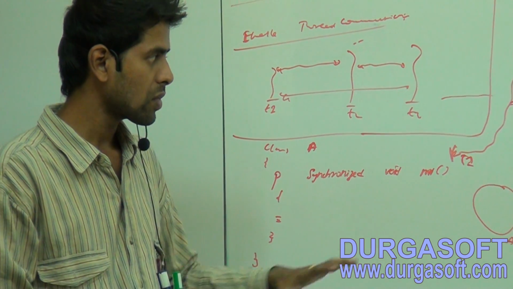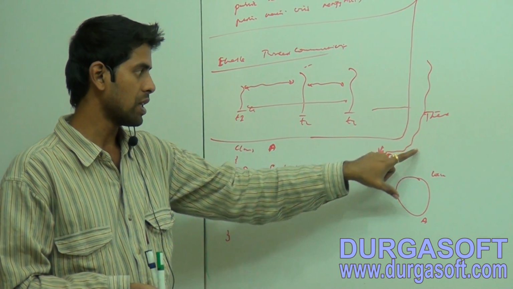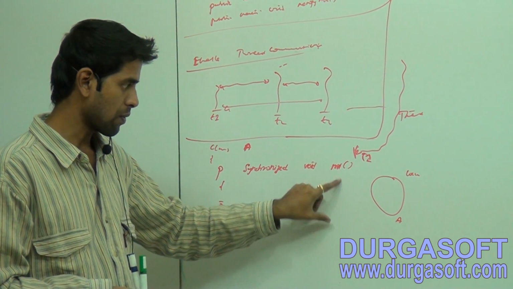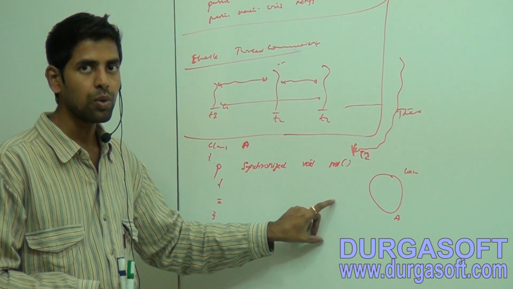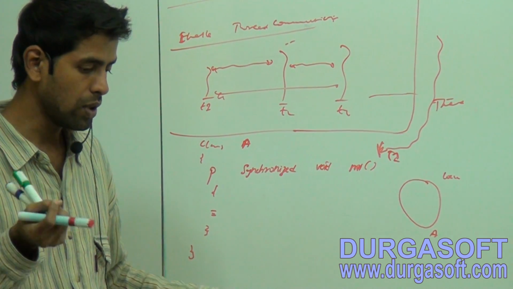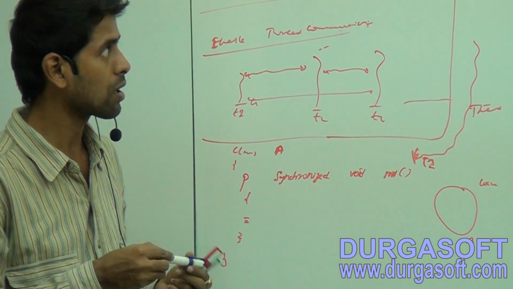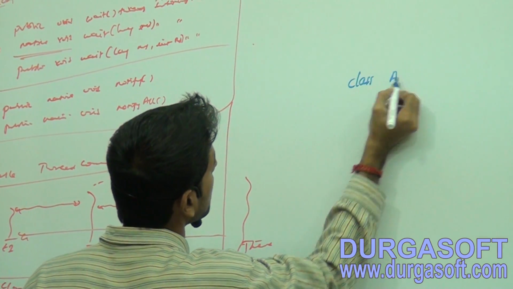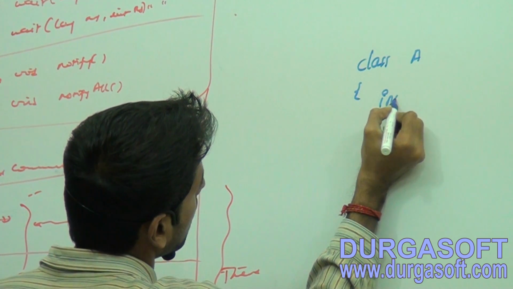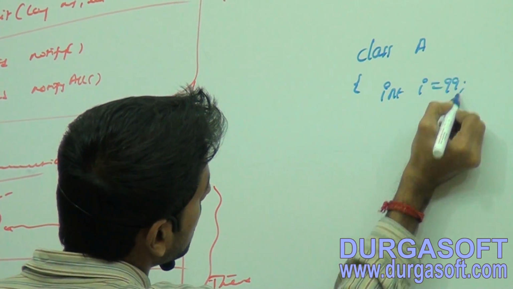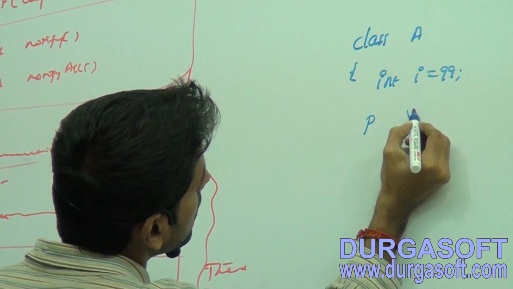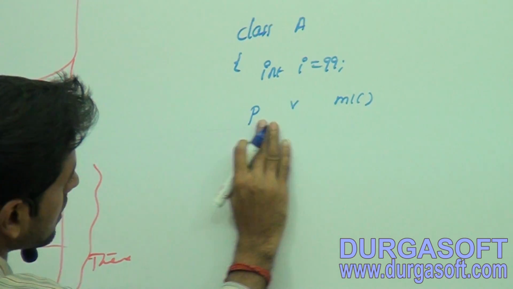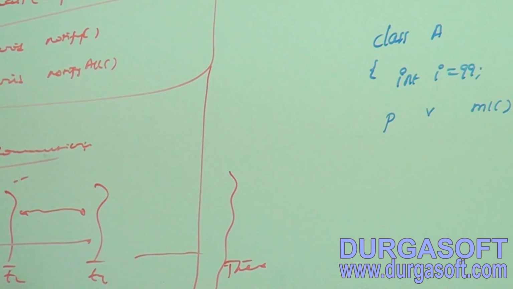If this thread wants to execute this m1 method, how can you access the methods? First, let me ask one point from you guys. Observe here: class A, int i equals 99. Now public void m1 method, just void m1, not synchronized, don't get confused.